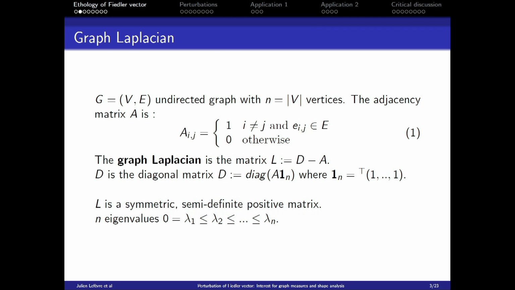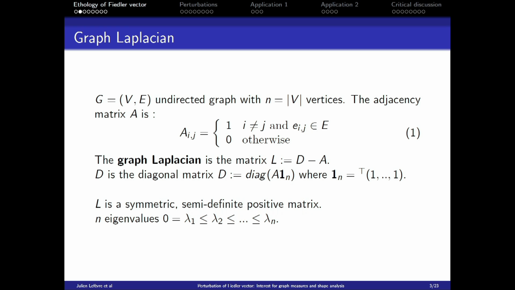So first, some definitions. We consider a graph with n vertices and edges. This is an undirected graph, so we have the adjacency matrix A, with entries 0 or 1, depending on whether two nodes are linked or not. The classical graph Laplacian matrix is defined as the difference between the diagonal matrix D, composed of the degrees of the nodes of the graph, and the adjacency matrix.